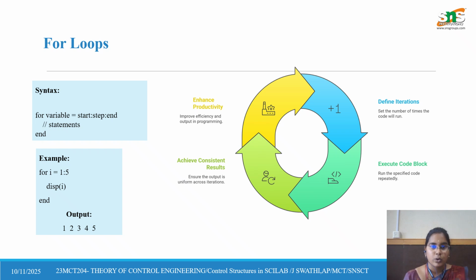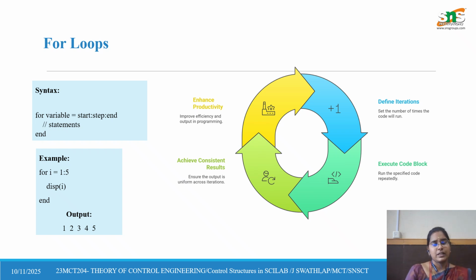Next, coming to the for loop. The for loop defines the iterations and executes the block, and once consistent results are achieved, it enhances the productivity. So first is iteration, then code execution, and if the output is uniform across all the iterations, it will enhance our productivity.